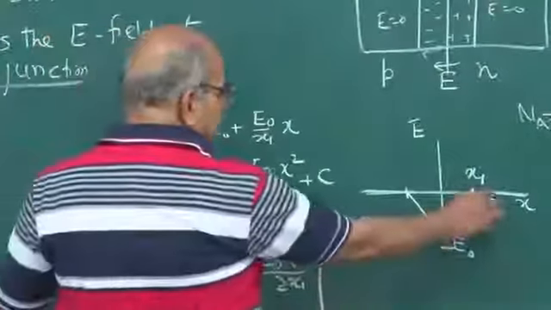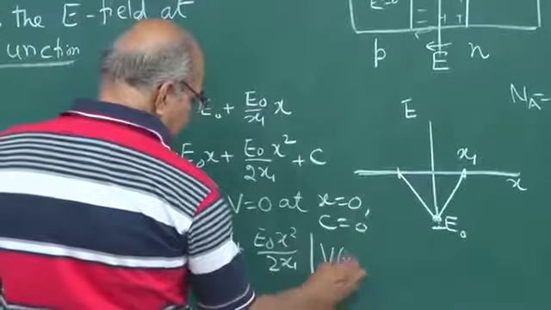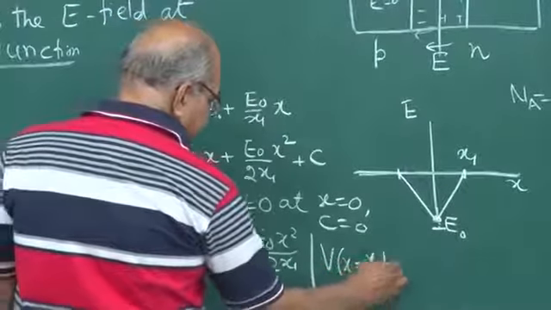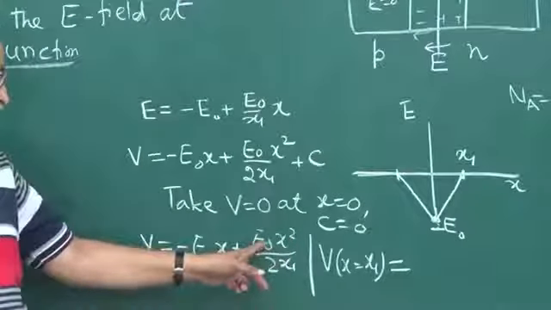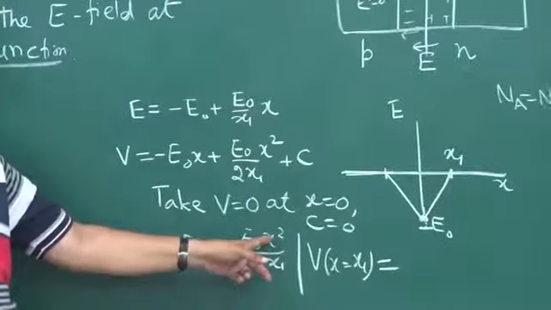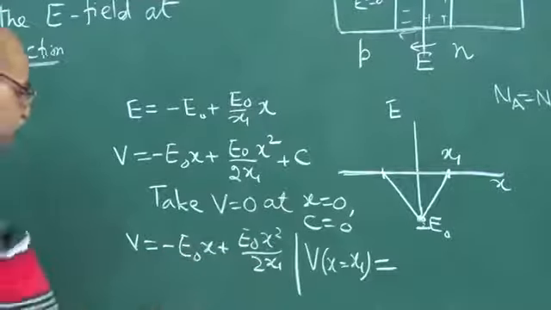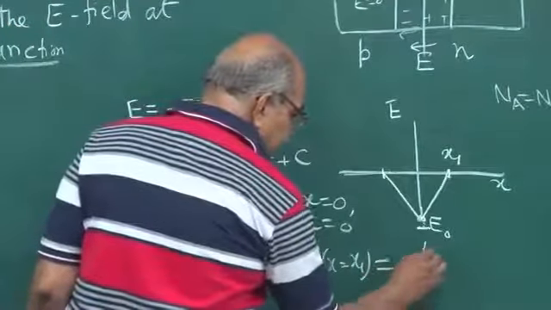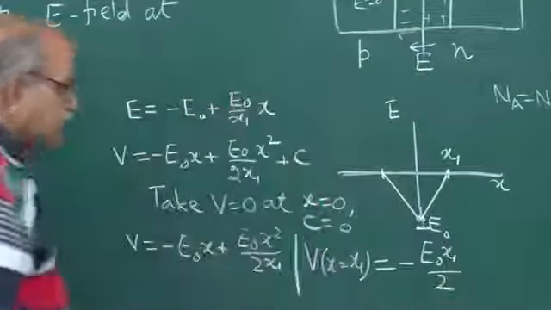Electric field is 0, so the potential will be constant. So V at x equal to x1 is E naught x1 by 2 minus E naught x1, so it is minus E naught x1 by 2. That's the potential.